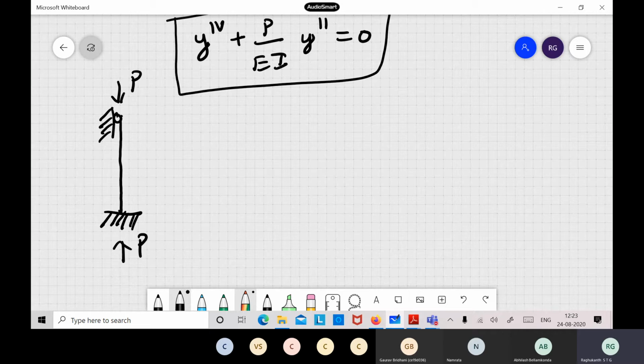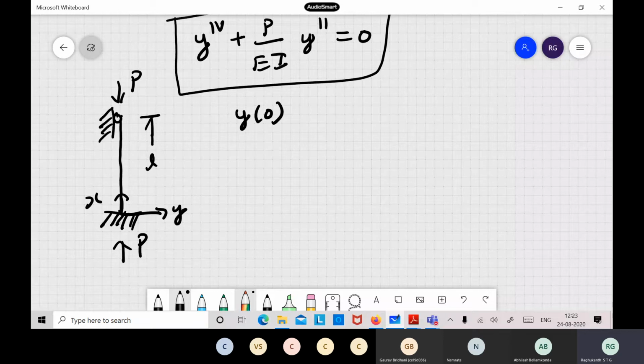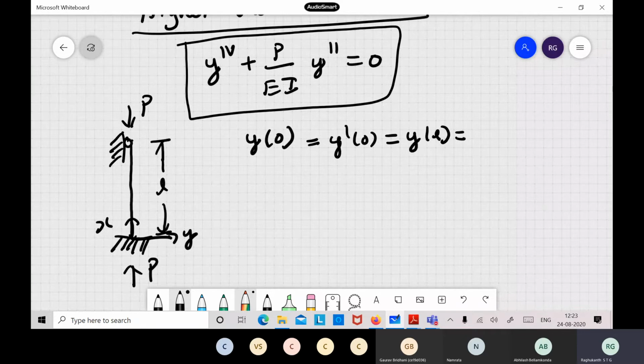The first step is to write the boundary conditions. If you take this as your origin, this is y and this is x, and L is the length of the column. Because it's a fixed end, slope and deflection are 0, and at the other end y of L. Now you are starting with a fourth order ODE.